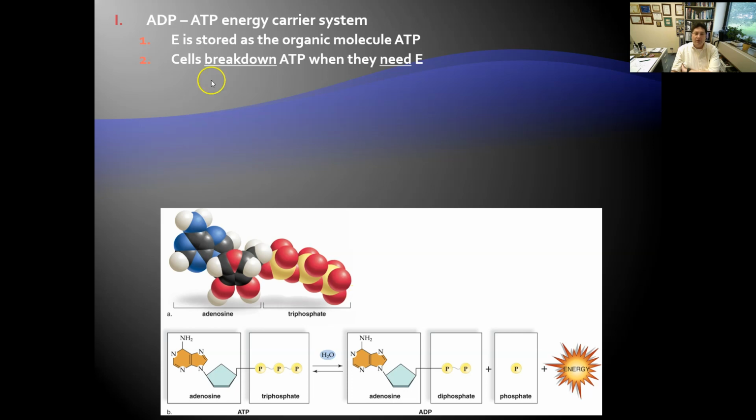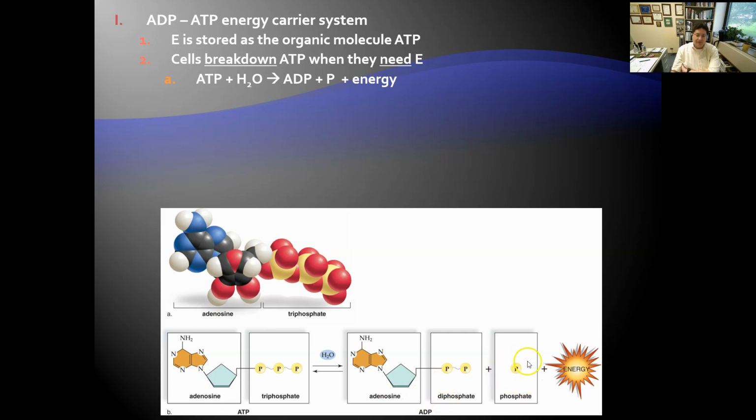So how this works is cells break down ATP when they need energy. We're going to take our ATP, add some water to it, and that's going to break our ATP down. What we are going to do is remove this third phosphorus. That leaves us with ADP, adenosine diphosphate, only 2 phosphates.